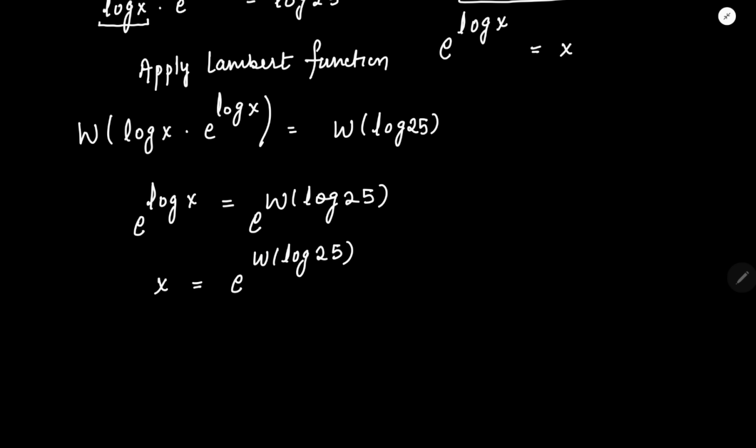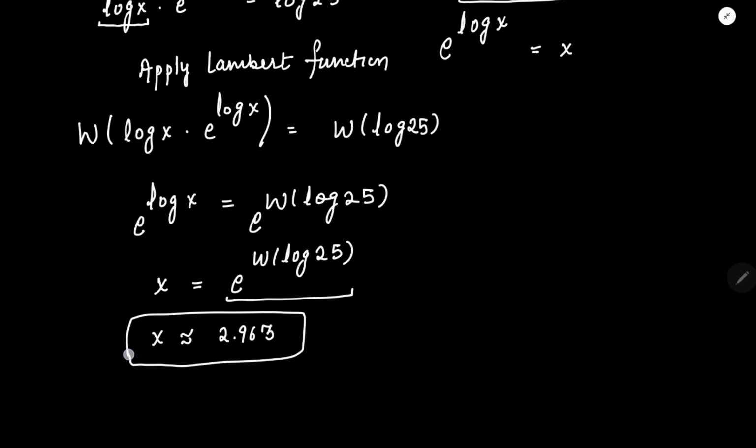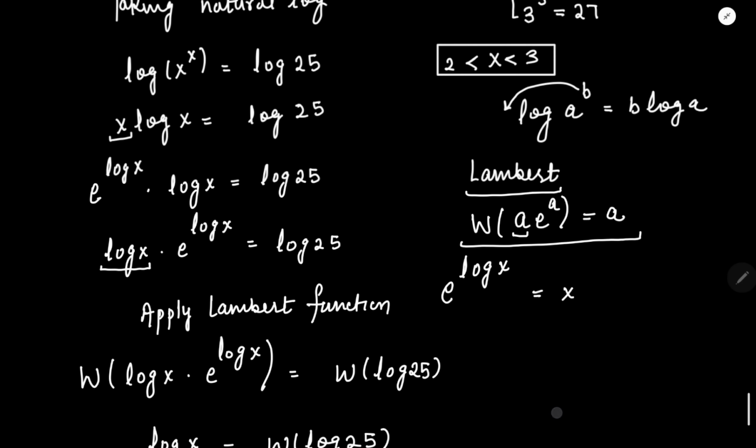You need to have a table to find out the value of this, or you can find it with the help of a scientific calculator as well, but this is a constant. So x will approximately be equal to 2.963, and this verifies that x lies between 2 and 3, right?